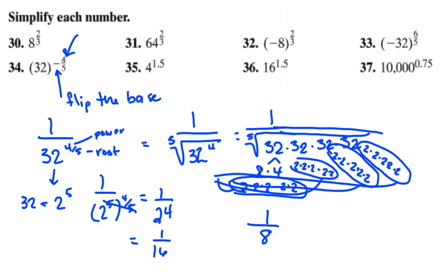That's 1 over 16, which is what this would be over here, not 1 over 8. 2 times 2 is 4, times 2 is 8, times 2 is 16. Duh. So this is 1 over 16. My apologies.